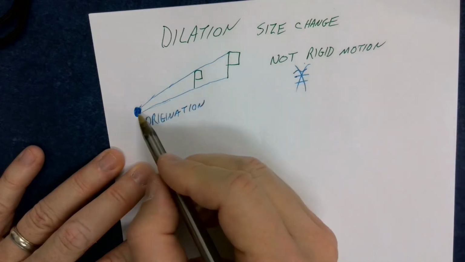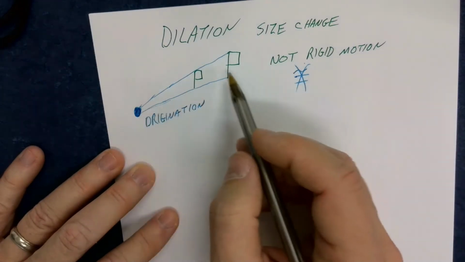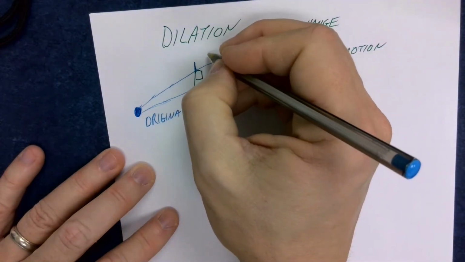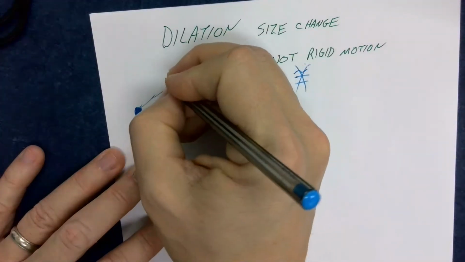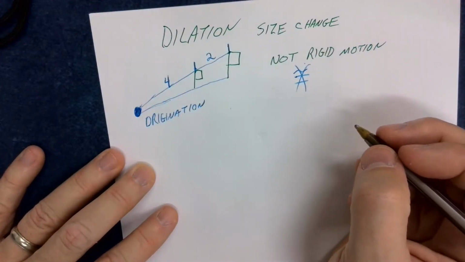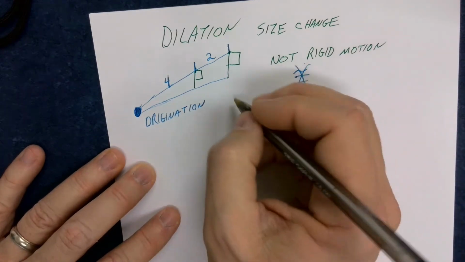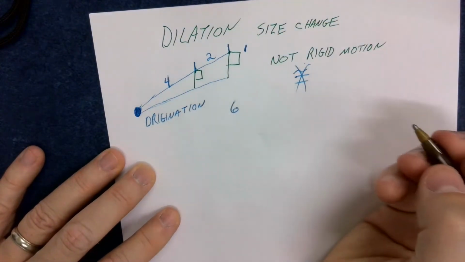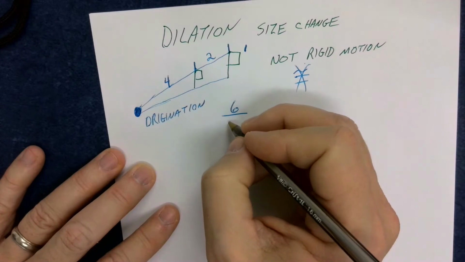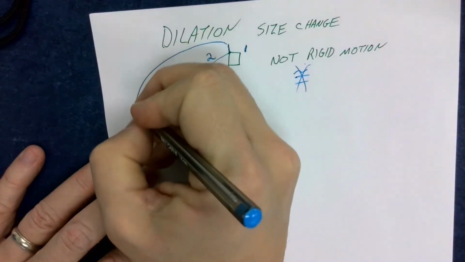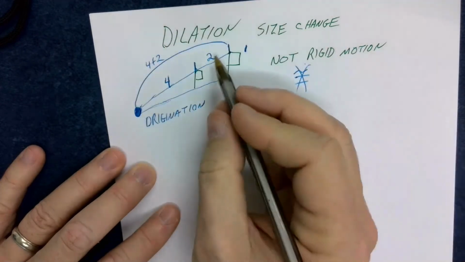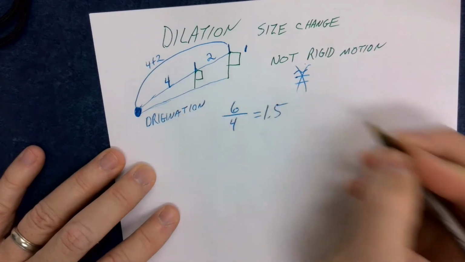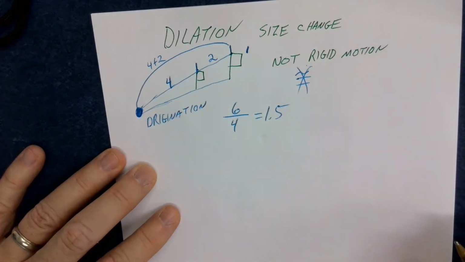So if this distance right here was 2, and this distance right here was 4, then I could take the total distance of the long one, 6 over my 4, 6 being the whole length, 4 plus 2, over what it was to my original shape, and I would know that that's a 1.5 in this case.